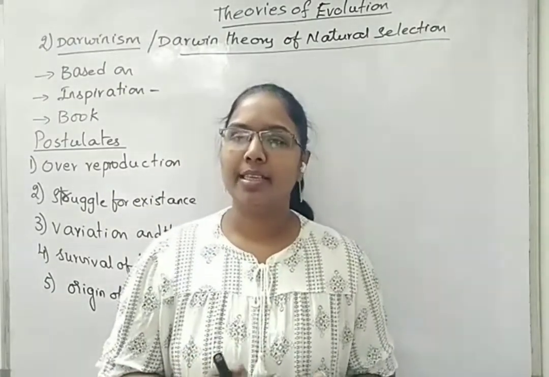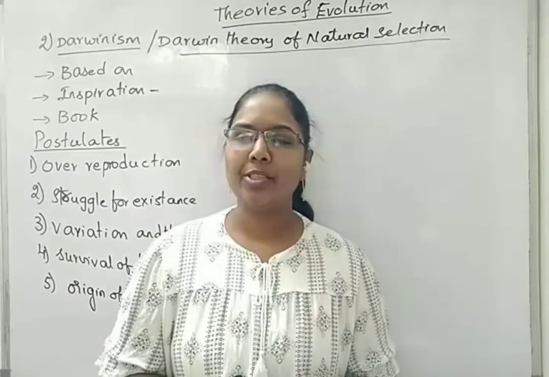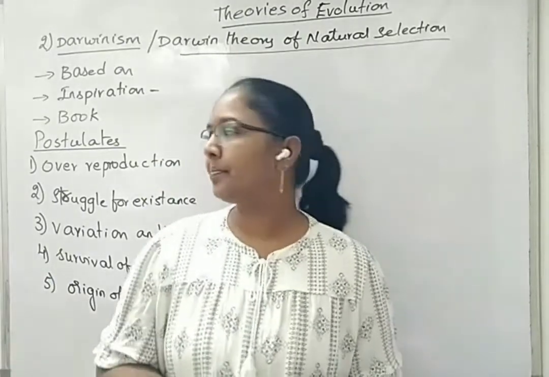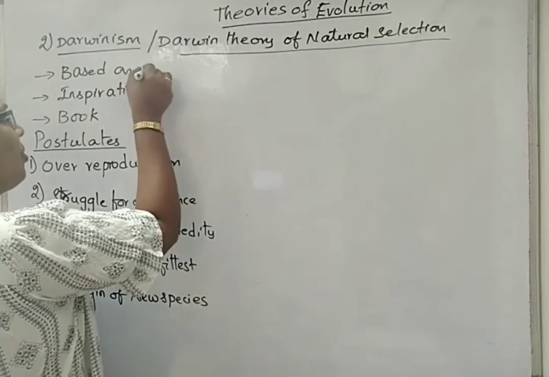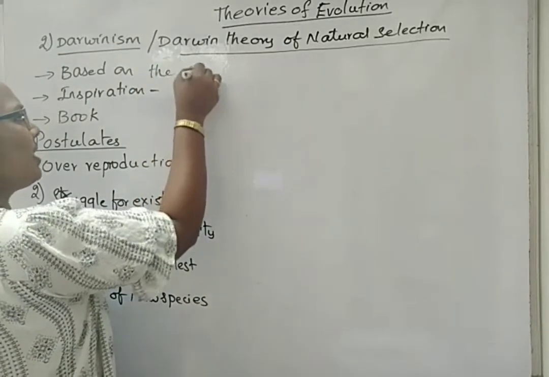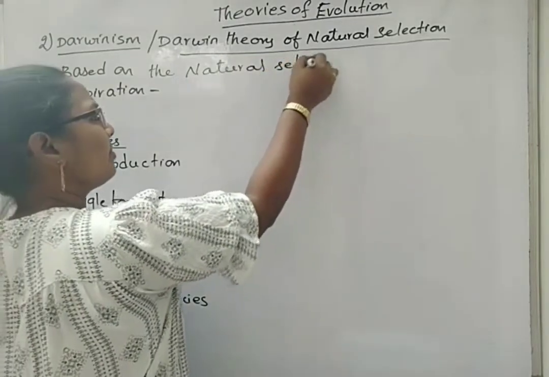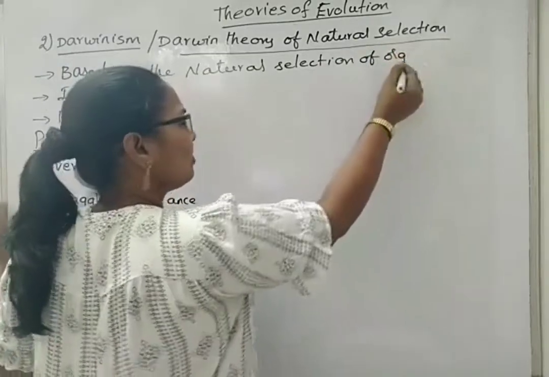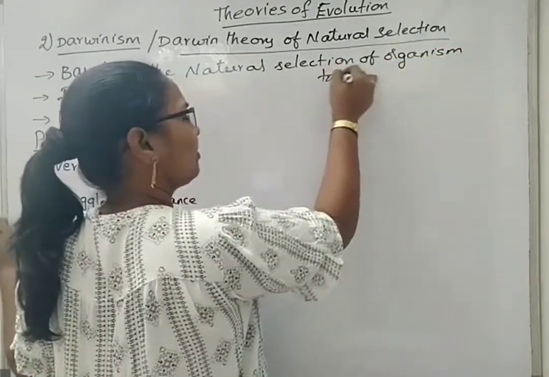Another point is that nature has selected only the dominant species. So majorly Darwin concentrated on these postulates. Darwinism is majorly based on the natural selection of organisms to survive.